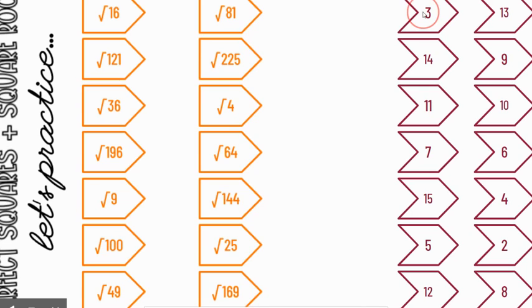So you would take this and then go over here and figure out, where does that match? Ooh, I think right here. The square root of 9, we already discussed, is 3 because 3 times 3 equals 9. So you would just take this, drag it over here, and set it there.